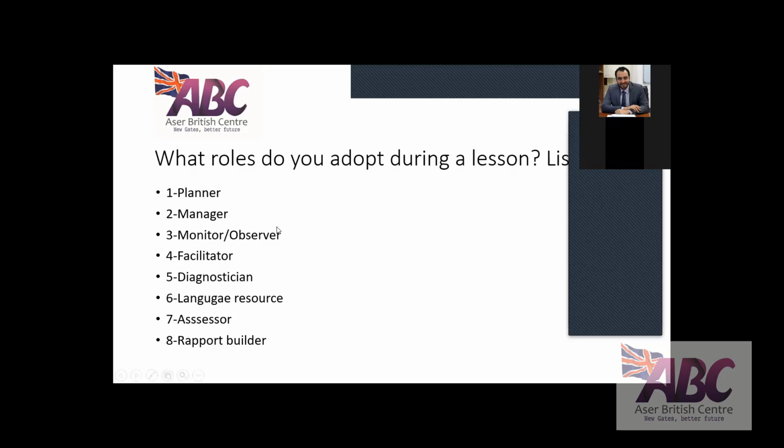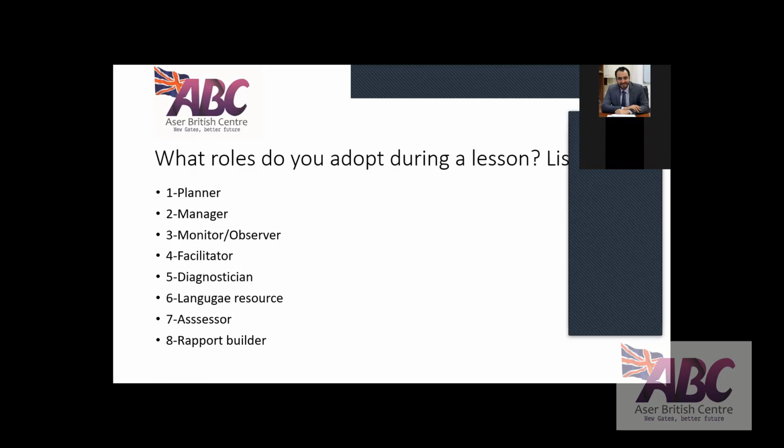So if you are a young, inexperienced teacher, don't worry if you cannot use all the roles of a teacher here. You will find yourself using 1 or 2, 3, or even 4 of these roles.